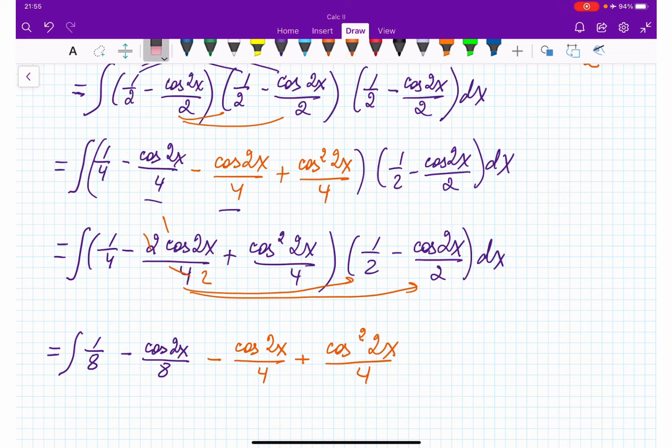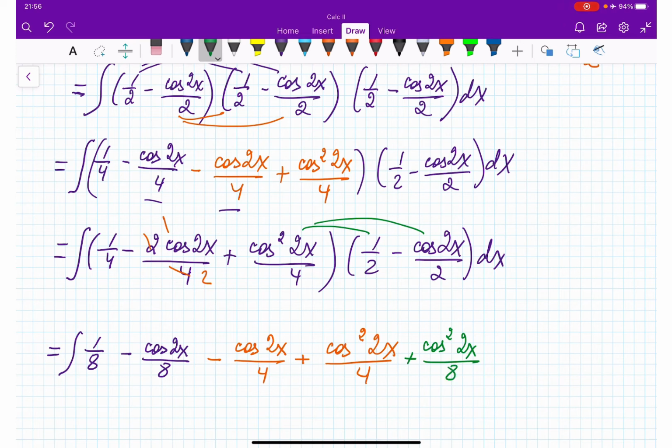Okay, cleaning this, and after that I'm multiplying this. It's going to be plus cosine squared 2x over 8 and minus cosine cubed 2x over 8, and all this is going to be dx.